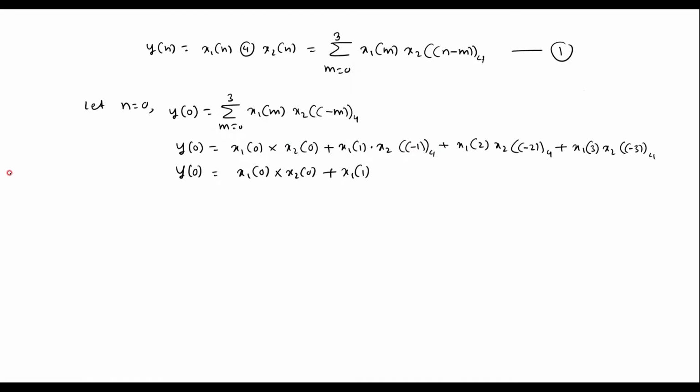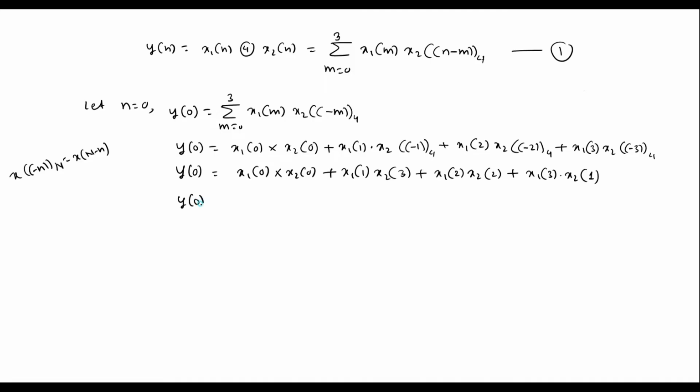that is, we know that x of minus n modulo N is equal to x of N minus n. Therefore, I can represent it as x2 of 4 minus 1 is 3 plus x1 of 2, x2 of 4 minus 2 is 2 plus x1 of 3, x2 of 4 minus 3 is 1.